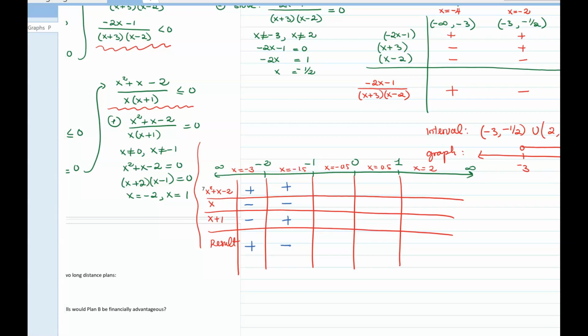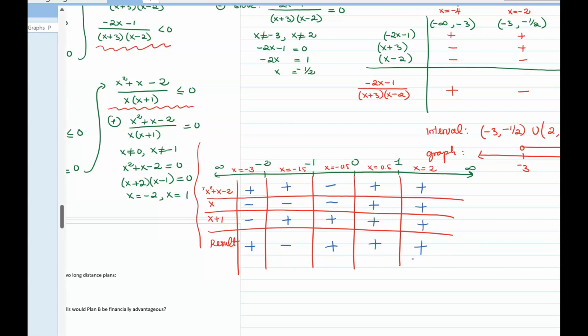When x equals negative 0.5, we have negative here, positive here, and we have negative here. That makes it positive. When x equals 0.5, we have positive, positive, positive, hence positive. This means that our interval is between negative 2 and negative 1.